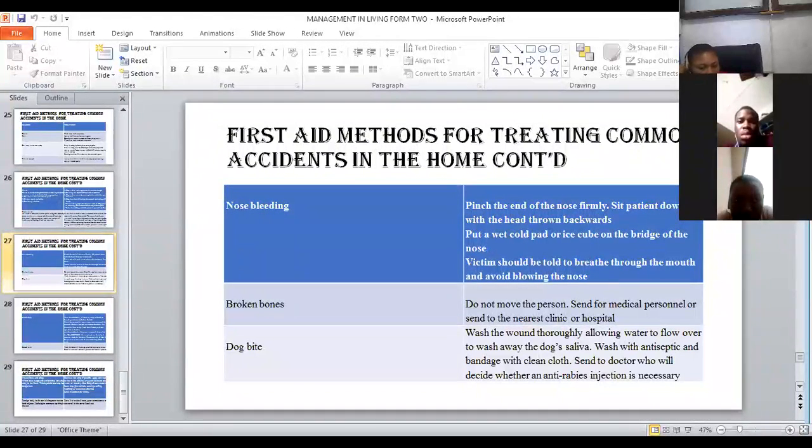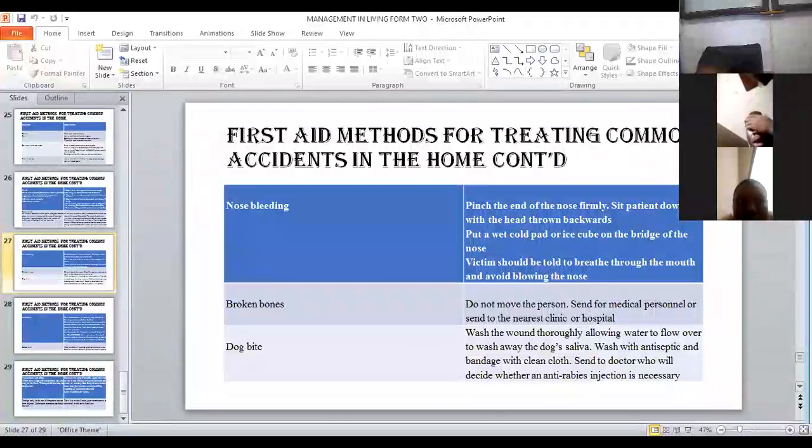An example is Dettol. You can give other examples. Camel, Ghetto, all these are antiseptics. So when you wash it with the antiseptic, you bandage with a clean cloth, or if you can get gauze, you can also use gauze. Then you send the person to a doctor who will decide whether an anti-rabies injection is necessary.